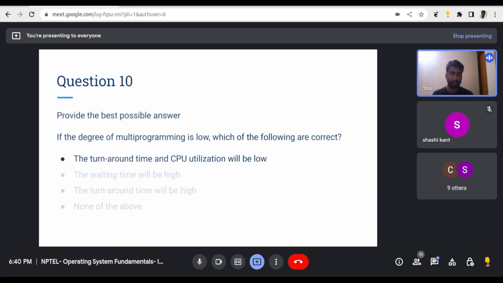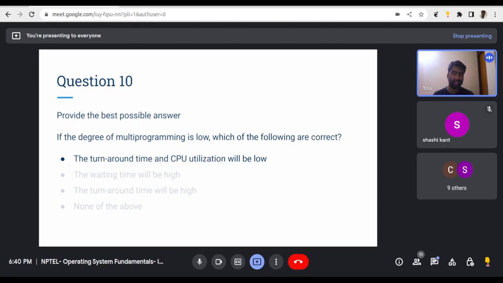Okay, so compare that with two processes present in the ready queue. The short-term scheduler will sometimes pick up the first process and give it some time for execution in the CPU, and then it may preempt it, or the first process that was picked up for execution may go into IO.